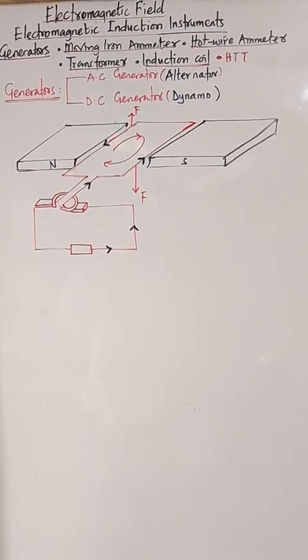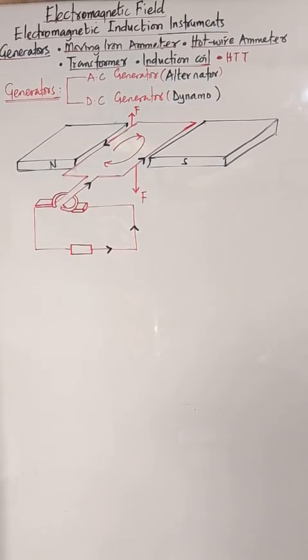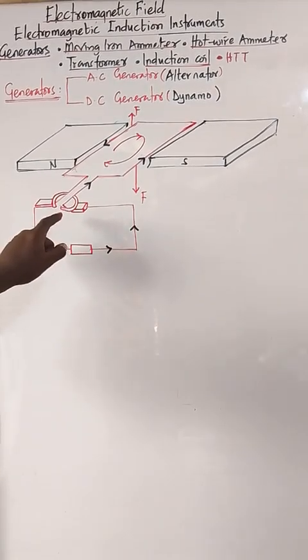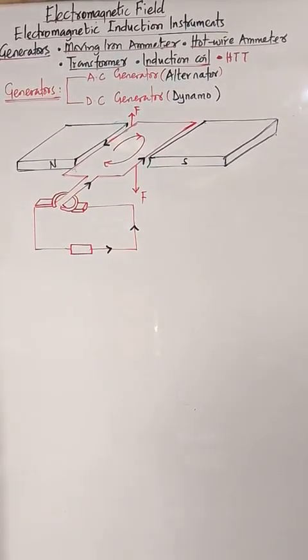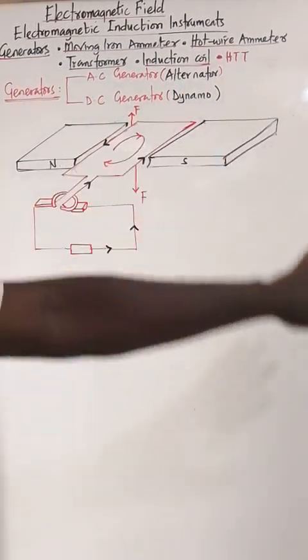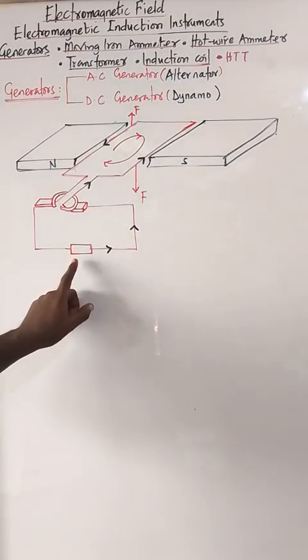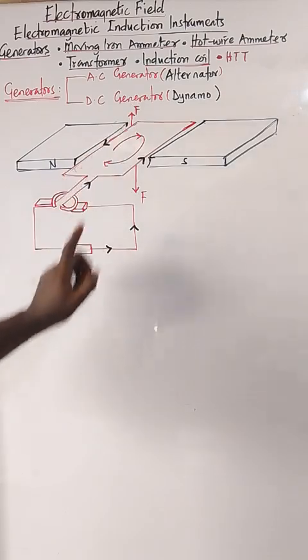But most times what we need is actually an AC. We need an AC generator, an alternator. So, meaning we have to convert this DC generator to an AC generator. I believe you already know the difference between a DC generator and an electric motor. They have the same diagram. The only difference is that a DC generator doesn't have what?